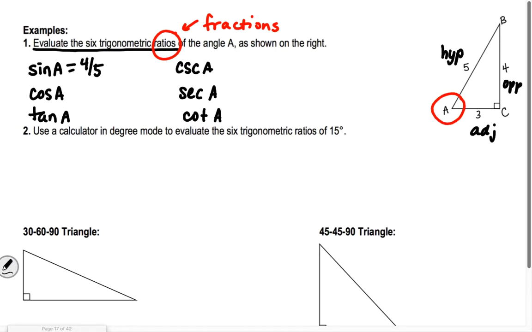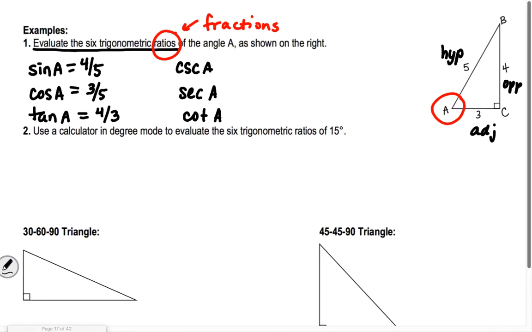That's the only thing people get confused on in geometry. They're like, which one's adjacent? There's two that are next to it. One of them's always the hypotenuse, right? So call the one hypotenuse, the other one's adjacent. So cosine is going to be adjacent over hypotenuse, so 3 over 5. And tangent is going to be opposite over adjacent, so 4 over 3.